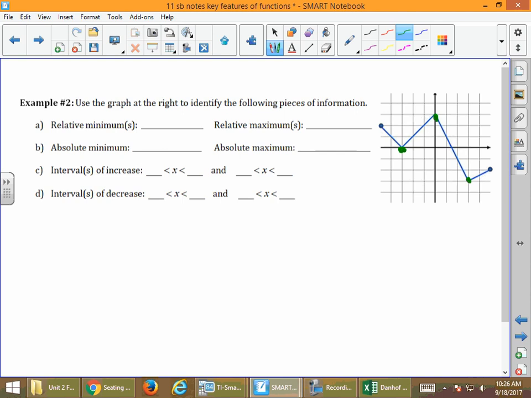As we look far to the left, it's a valley here, and the ordered pair is (-3, 0). Also happens to be an x-intercept. Well, when we go to the middle green point, that is a peak. That's going to be a maximum. Happens to be the y-intercept as well on the graph, and this is (0, 3).